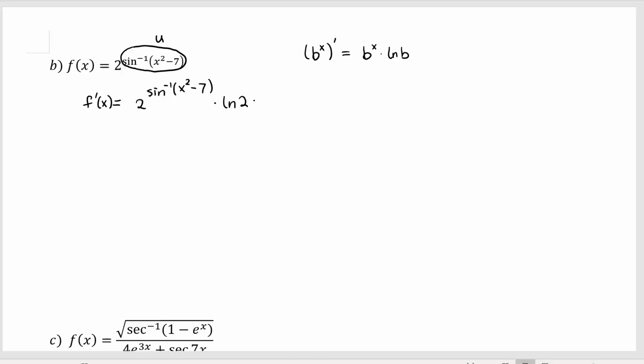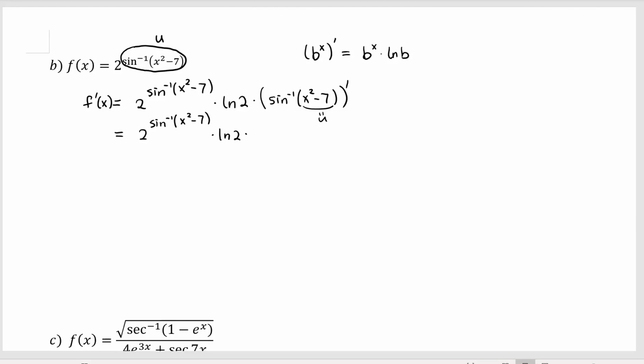Okay, this is the regular derivative, times u prime. Okay, remember each step we only do one thing. Okay, let's continue. So here we just copy it. Okay, and here, arcsine of something, right? So chain rule again with my new u being x squared minus 7.